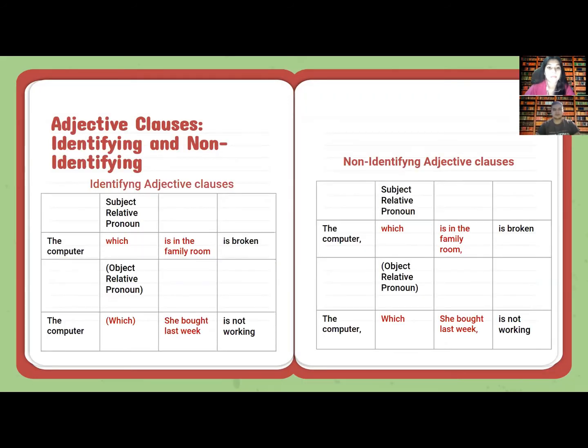Now let's start talking about identifying and non-identifying adjective clauses. We have two types of adjective clause. As the title mentioned, the first one is identifying adjective clauses with subject or object relative pronoun, and the second one is non-identifying adjective clauses with subject or object relative pronoun.